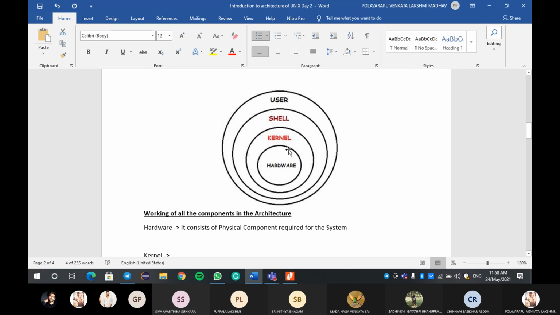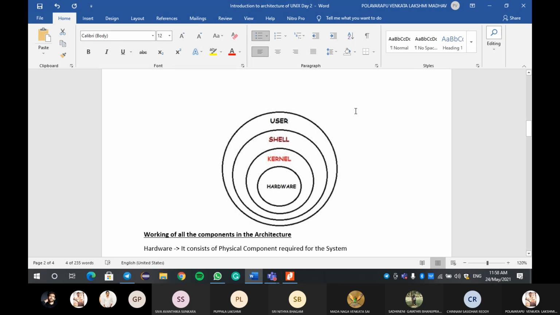If we consider this in our normal language, this is just like a compiler. It will take the code, convert it into machine language, and send it to this interface, and the hardware will give its output. And the user, these are the applications which we get.